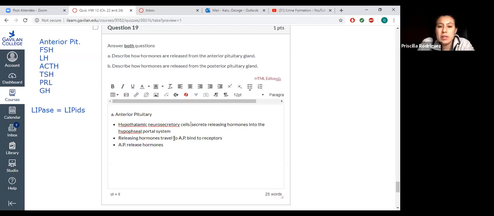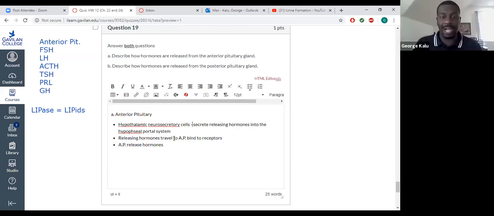There's a vesicle involved. So in order to do this whole process, we first need an action potential. Once we have that action potential, that'll ultimately lead to exocytosis of those vesicles, and then we'll be able to secrete those hormones into the hypophyseal portal system.